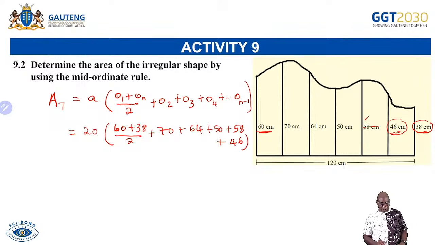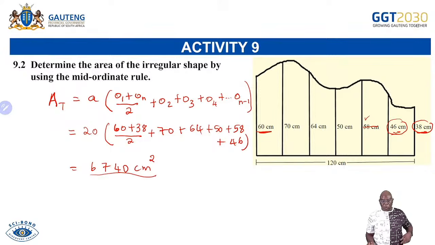Running out of space there. Then from there use a calculator: 6,740 centimeters squared. Remember it's area, so it must be squared. So these are the types of questions that you must go and practice.